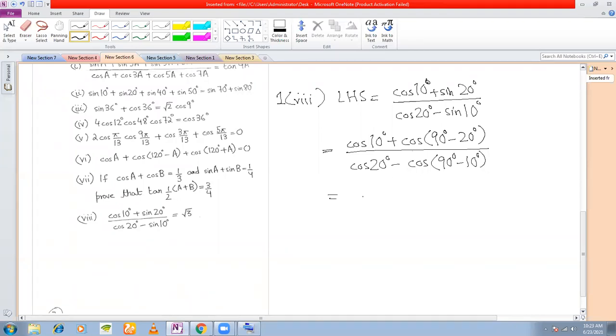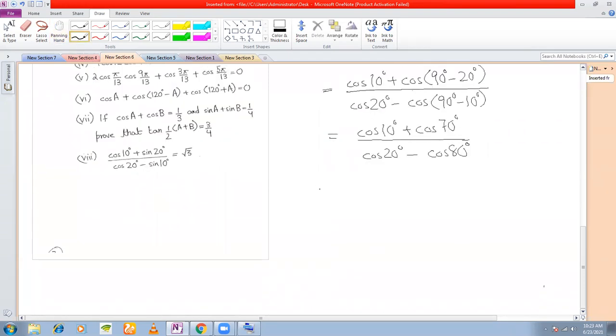So what do you get? Cos 10 degree plus cos 70 degree divided by cos 20 degree minus cos 80 degree, right? So now in the numerator and denominator you change the sum to a product. Cos plus cos in the numerator is 2 cos (C plus D)/2 cos (C minus D)/2.